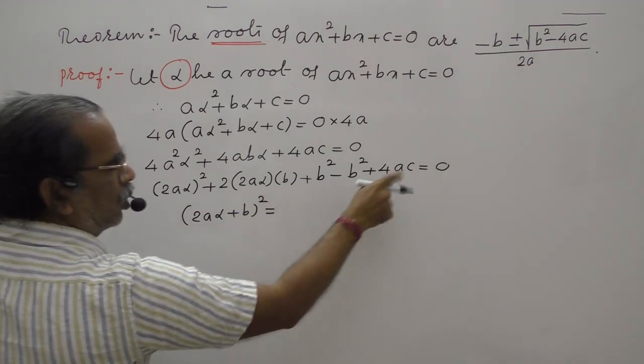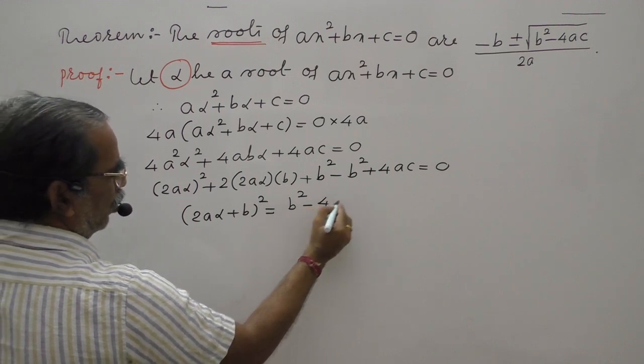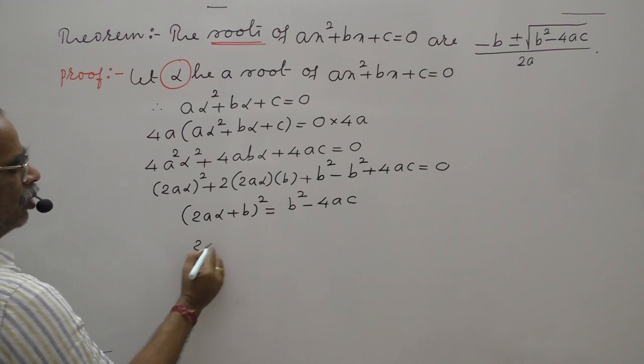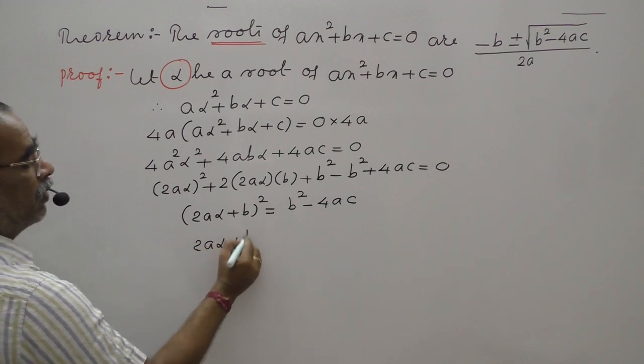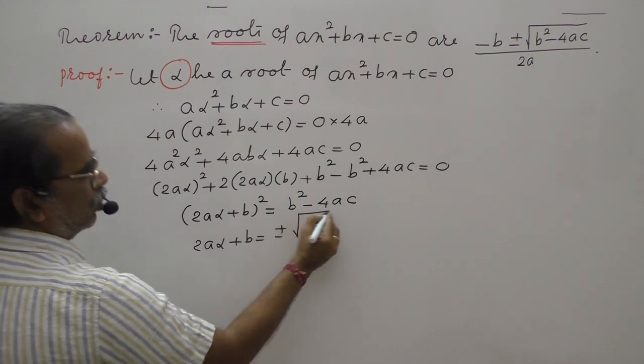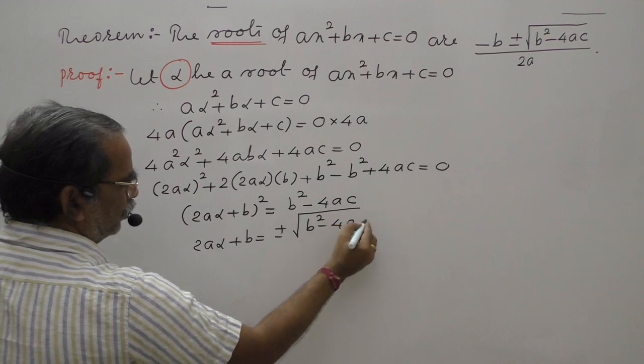Write the remaining two terms on the right side. b square becomes plus and 4ac becomes minus. Whole square is there, no? Therefore, taking square root, here I will get plus or minus root over. For every number there will be 2 square roots.